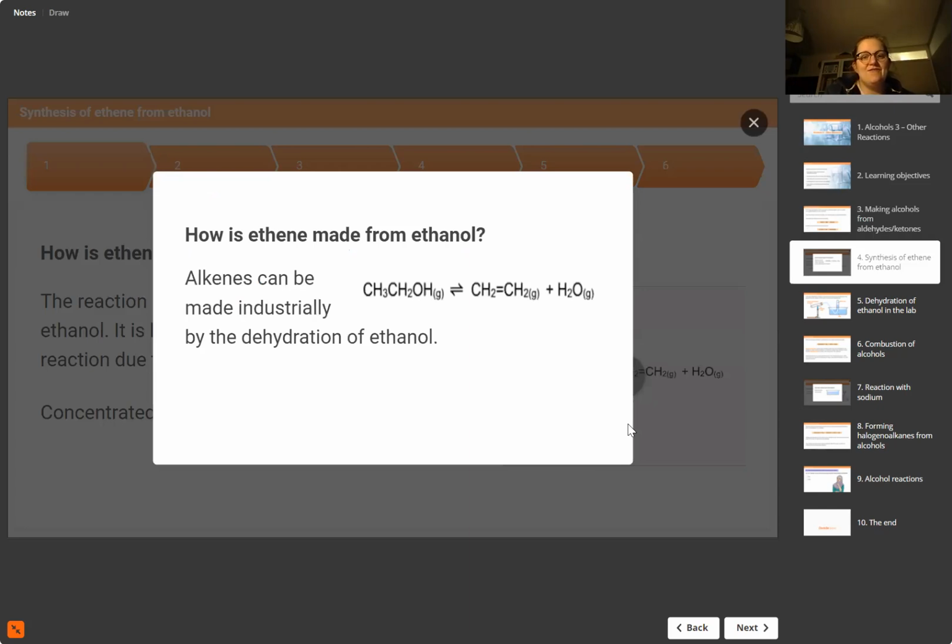So how is ethene made from ethanol? As you can see, this is a reversible reaction. This is going to be exactly the same as when we talked about it before, but the opposite way around. So alkenes can be made from a dehydration of alcohols, which makes sense because we made alcohols by the hydration of alkenes.